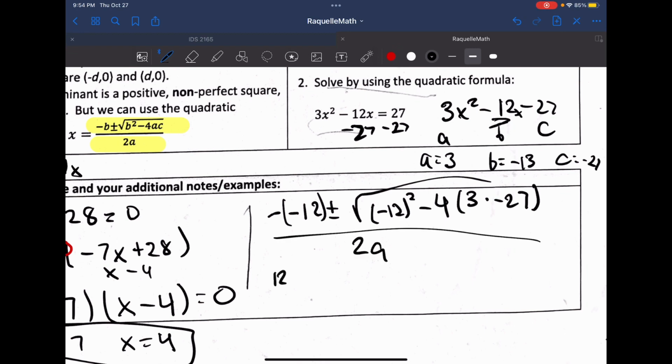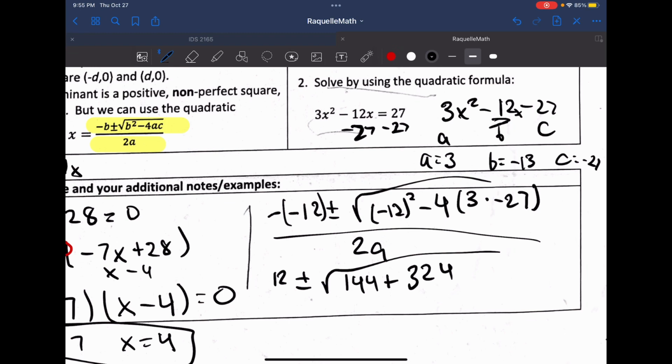So simplifying, we know this will be positive. Let me pull up the calculator. 4 times 3 times 27 is 324.